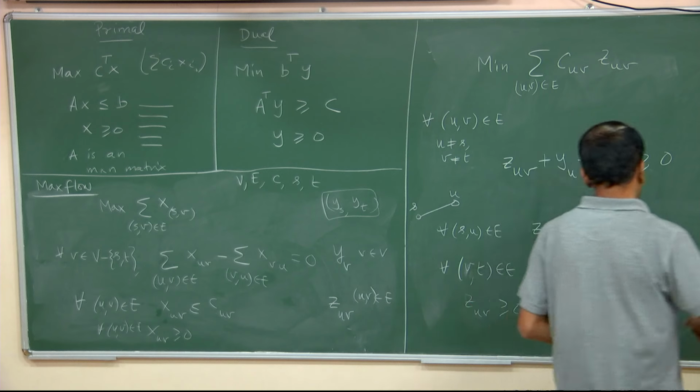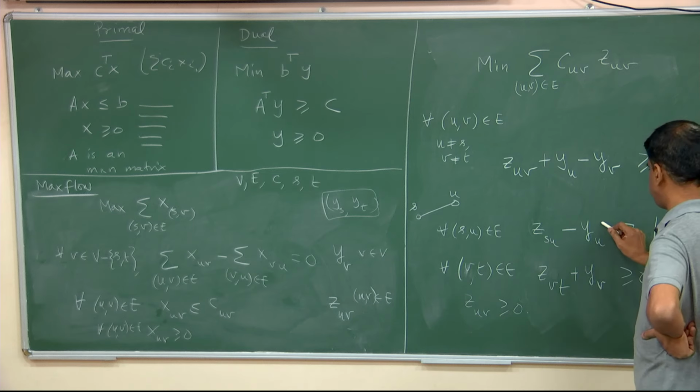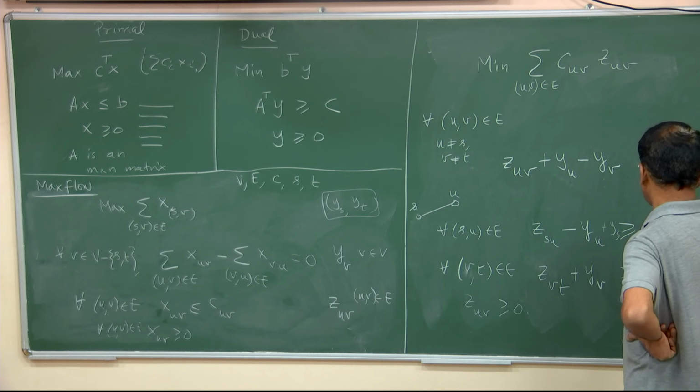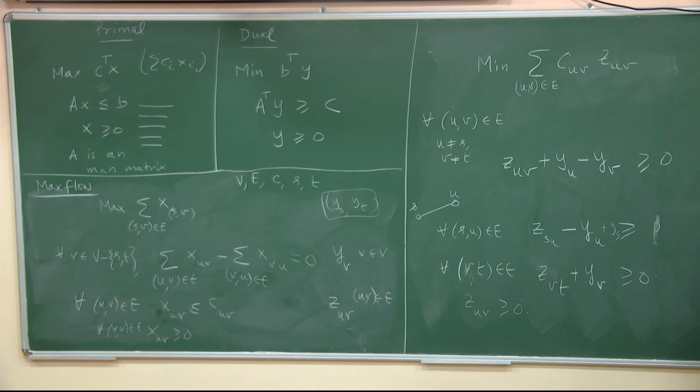I want to make these constraints uniform for all of them, so I will introduce YS and YT so that they all look the same. What can I do for YS? I want to write this as following the same pattern, plus YS greater than or equal to 0. So let me put YS equal to minus 1. If I write YS equal to minus 1, then this is the same as what I had before.